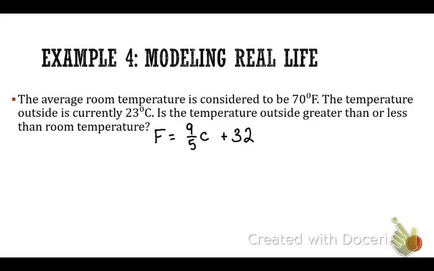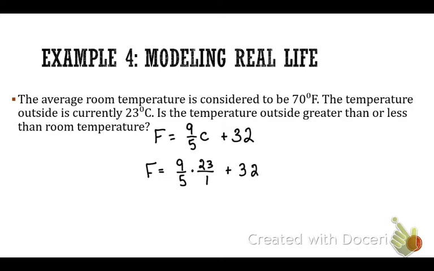Y'all with me so far? So where do you think you're going to plug in 23 in this formula? In for C. Plug in 23 for C. So F equals 9/5 times 23 over 1 plus 32.